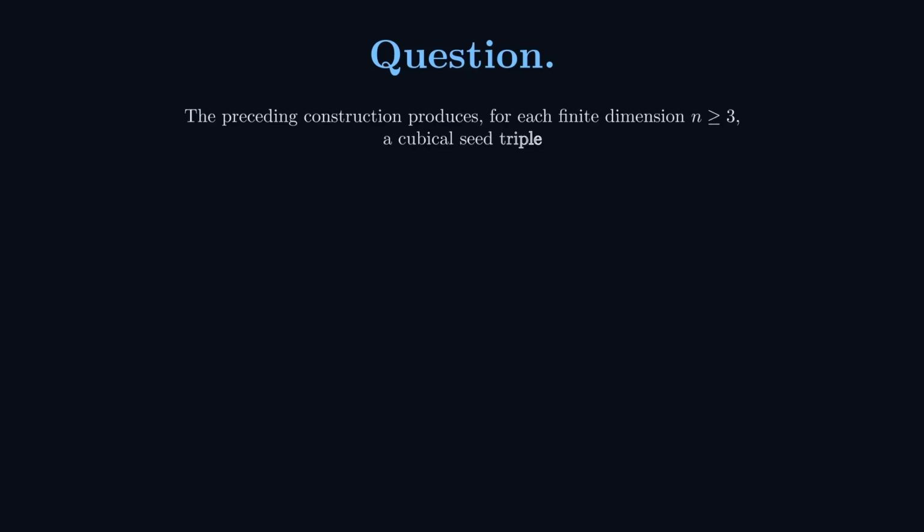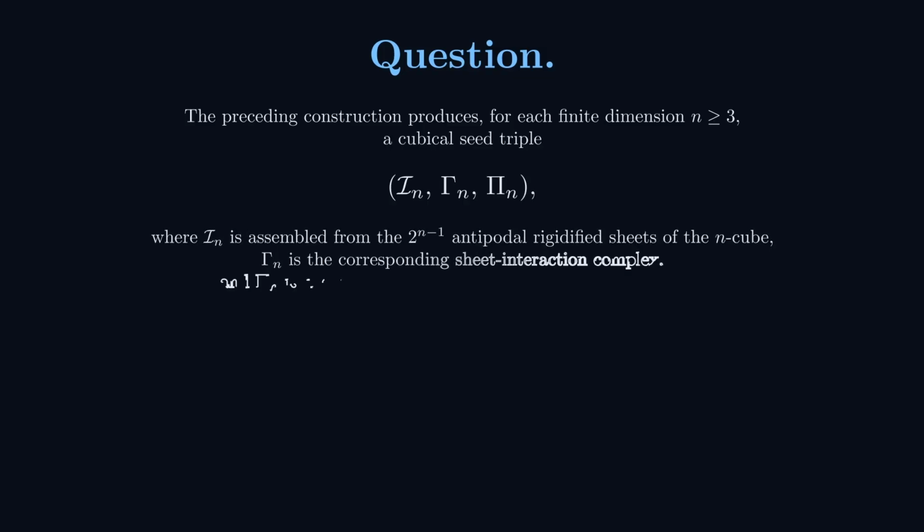So now let's pose a question. The preceding construction produces, for each finite dimension n greater than or equal to 3, a cubical seed triple, where I sub n is assembled from the 2 to the n-1 antipodal rigidified sheets of the n-cube.